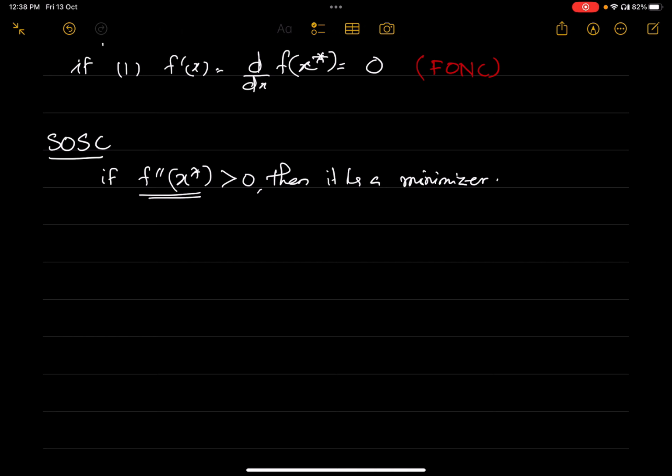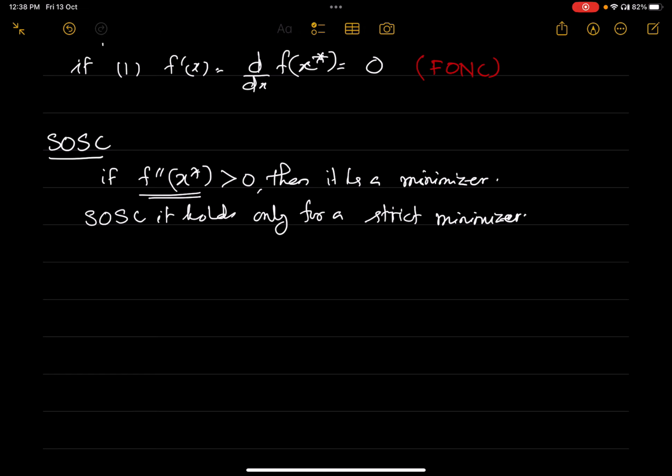And how do we formulate a necessary condition so that we can also include the minimum points which do not satisfy this condition? One more thing to be noted here is that the second order sufficiency condition holds only for a strict minimizer. What is a strict minimizer?